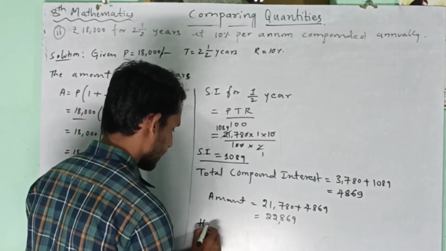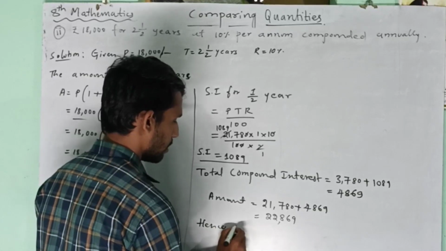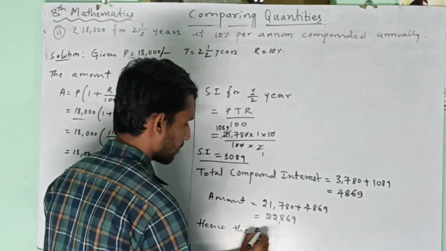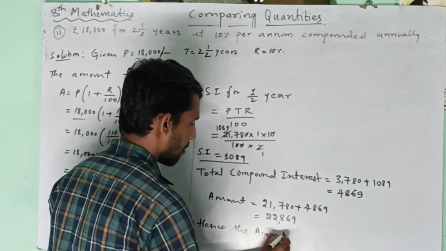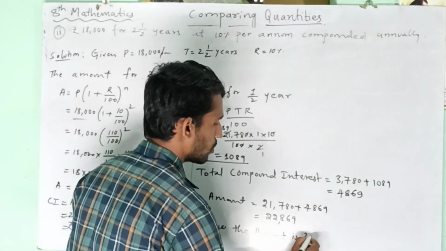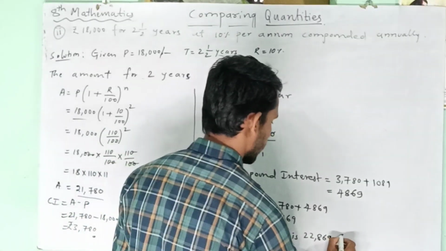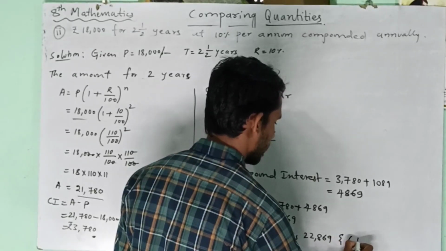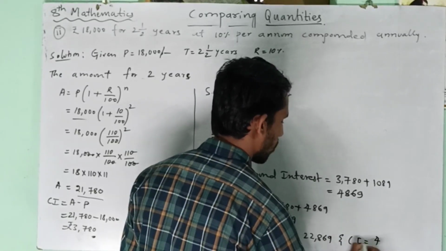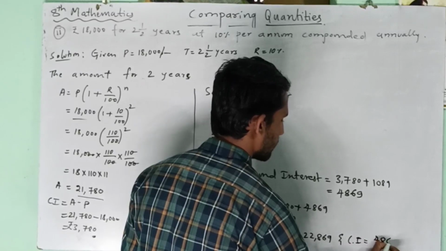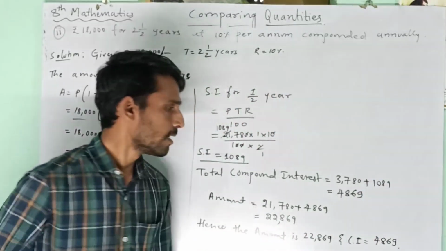Hence we can write here, hence the amount is 22,869 and compound interest is 4,869. This is the solution.